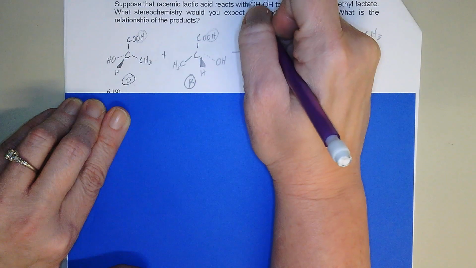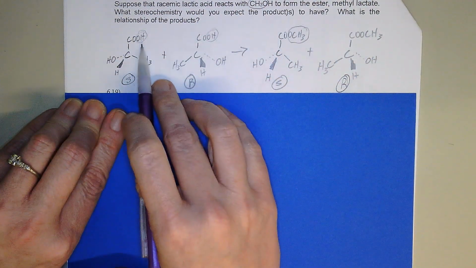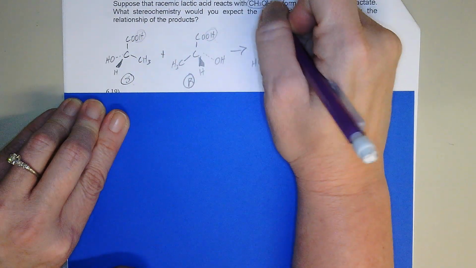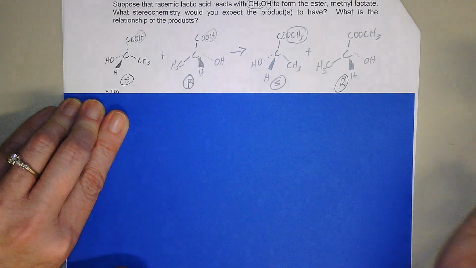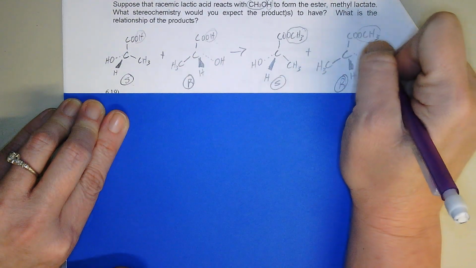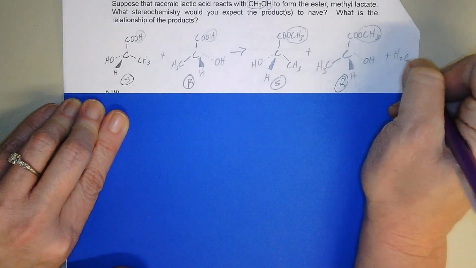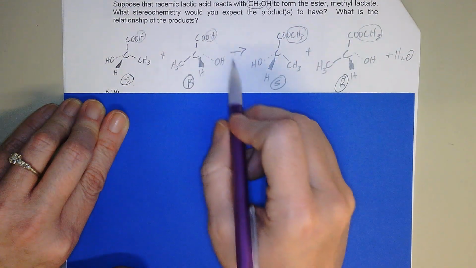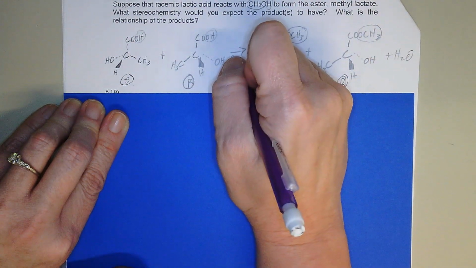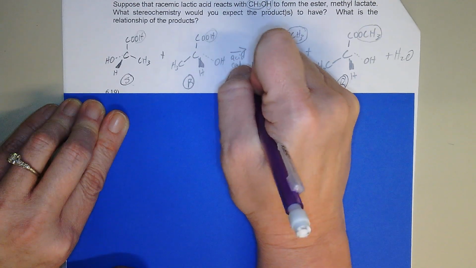What do you think OH and H make? Because this part cleaves off, you get some water. Technically you're going to get H2O out of this. And I think you would have to do this with an acid catalyst. That's probably what I would use.